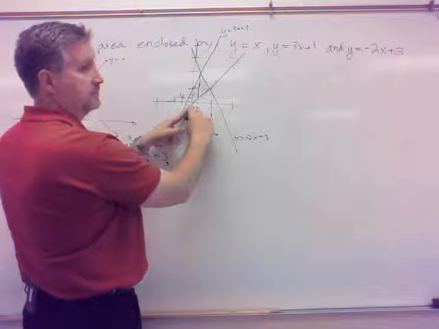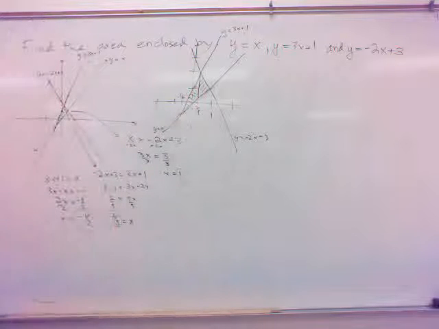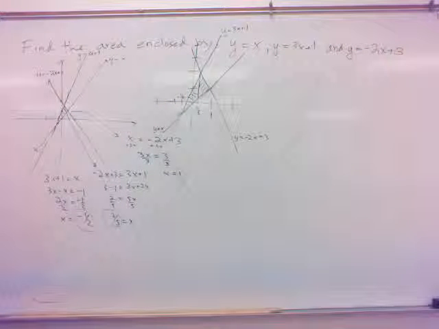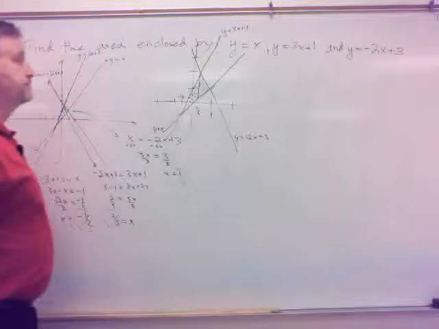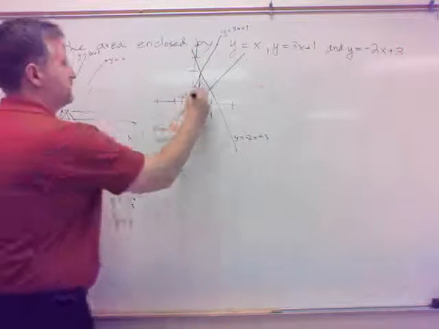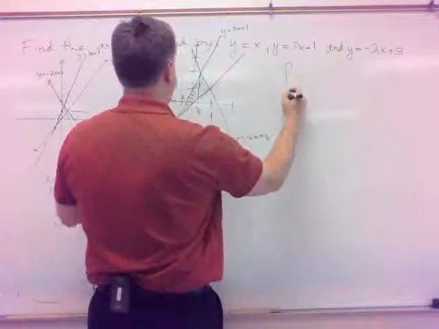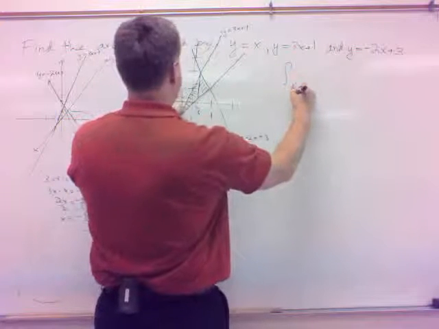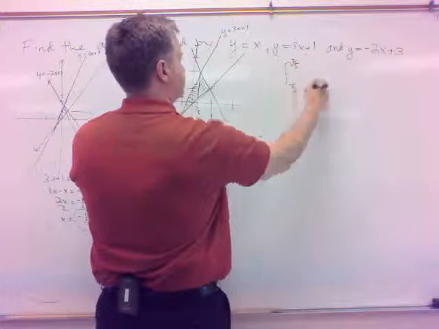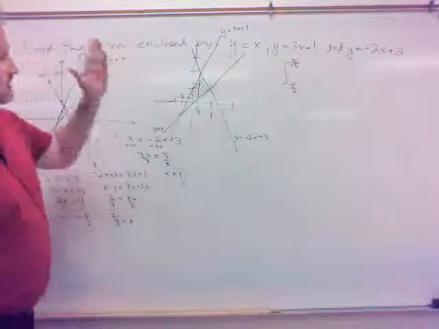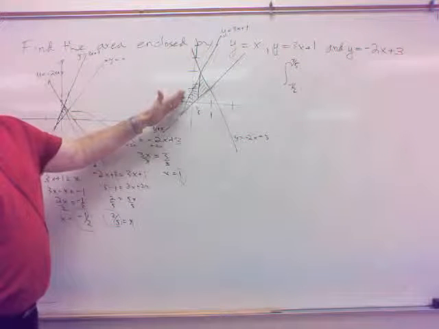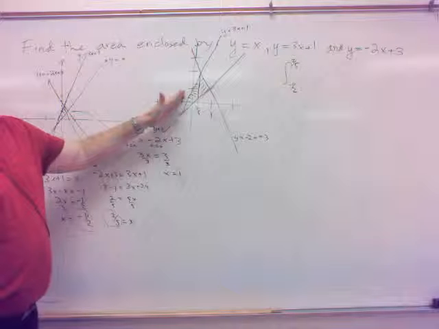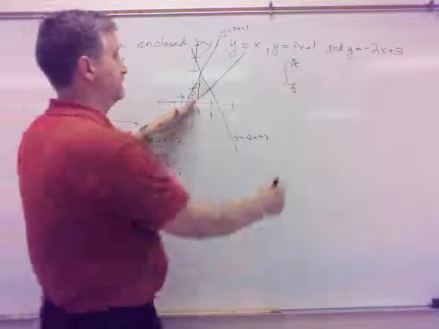Okay, so we're not talking about the area between the x-axis and that. We're talking about the area enclosed by those three curves. So it's this triangle right here. So yeah, it's two integrals. It's the integral from negative a half to positive 2/5. And there, what's on top? You tell me. 3x plus 1's on top, and x is on bottom, okay?